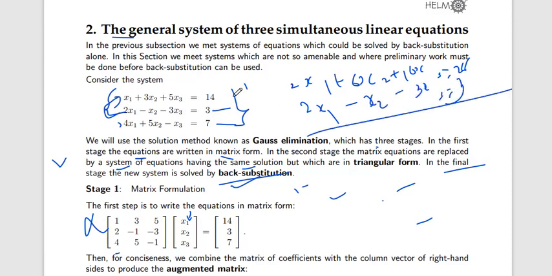Then we subtract equation 2 from equation 1. 2x1 minus 2x1 cancels, and we get 7x2 plus 13x3 is equal to 25.